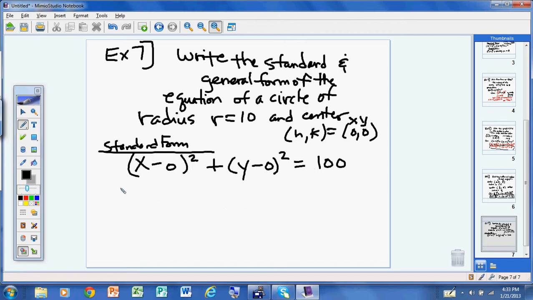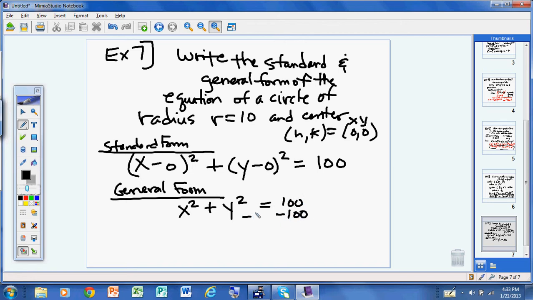Okay, and then general form. Well, x minus 0 squared is just x squared, y minus 0 squared would just be plus y squared equals 100, but remember we want this side equal to 0, so subtract the 100 from both sides, and this would be your final answer for the general form of this equation.